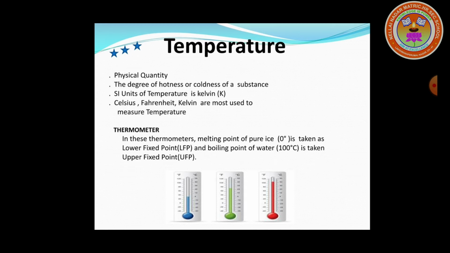In the Kelvin scale, the LFP value is 273 Kelvin. Once again, the lower fixed point of Celsius is 0 degrees Celsius, Fahrenheit is 32 degrees Fahrenheit, and Kelvin is 273 Kelvin. Based on which value? The melting point of pure ice only. Now the pure ice is melted, and afterwards it comes to boiling. You already know the boiling point of water is 100 degrees Celsius.